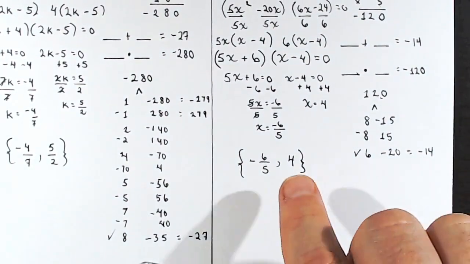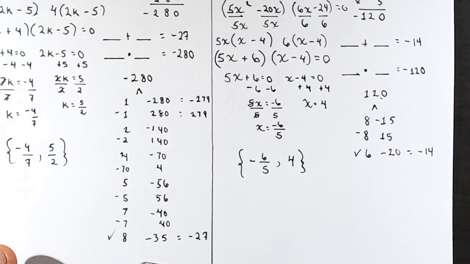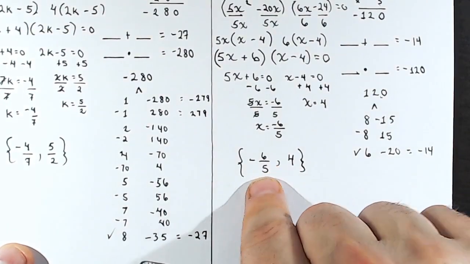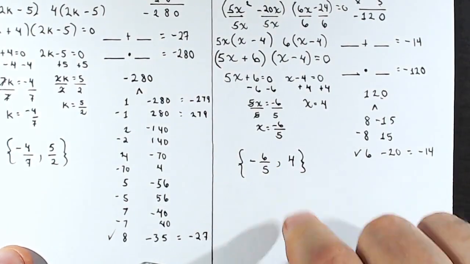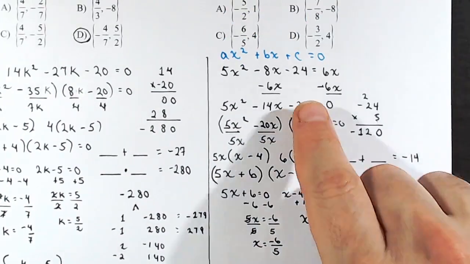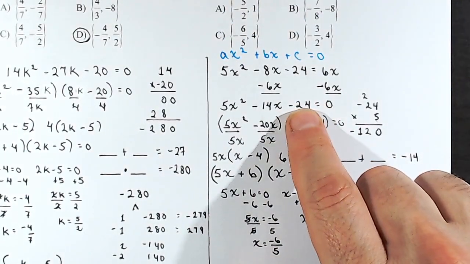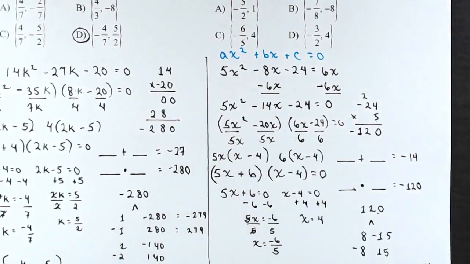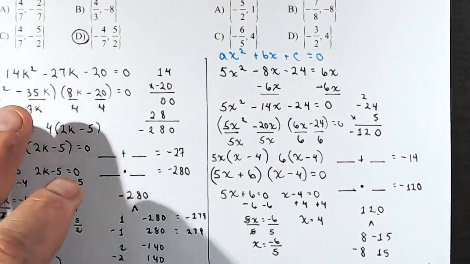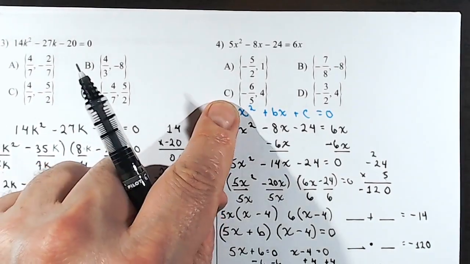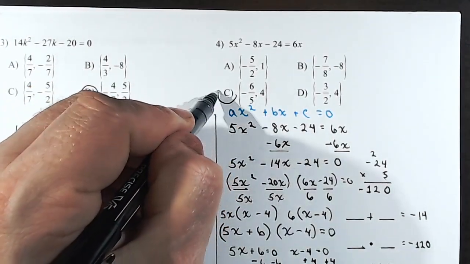That's two real solutions to the quadratic that crosses the x-axis at negative 6/5, comma 0 and 4, comma 0. The quadratic has a y-intercept of negative 24, and its leading coefficient is positive, so it slopes up. So let's look for negative 6/5, comma 4 up here, and we get it.